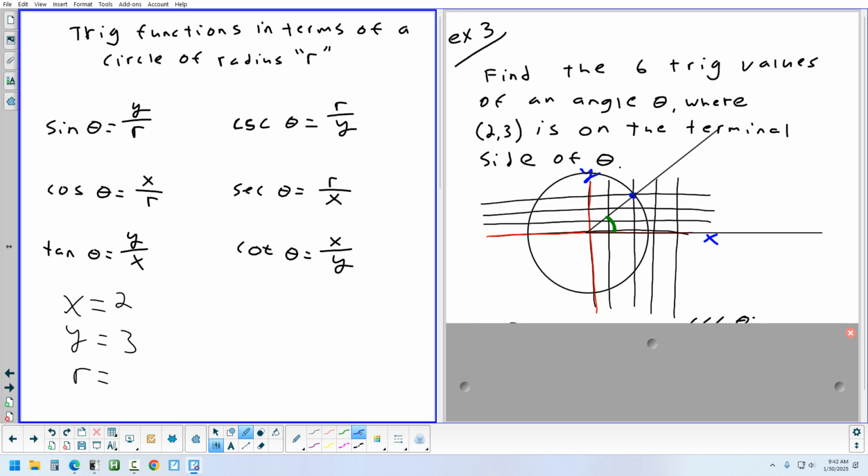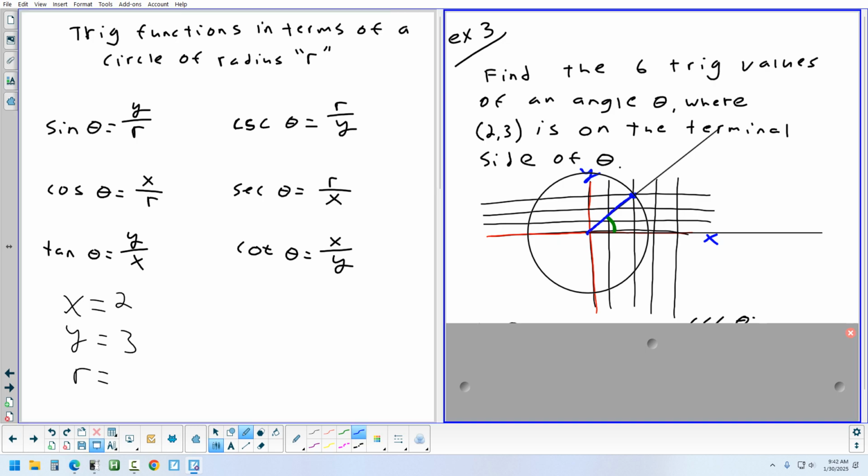How could I figure out the size of my circle that I'm working with? The size of the circle is really something else in that picture. It's the what? Yep, I was going to say you can use Pythagorean theorem, because it's the hypotenuse of that blue triangle.